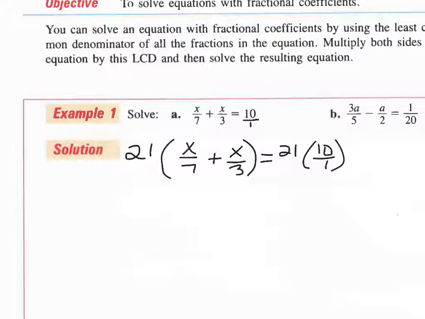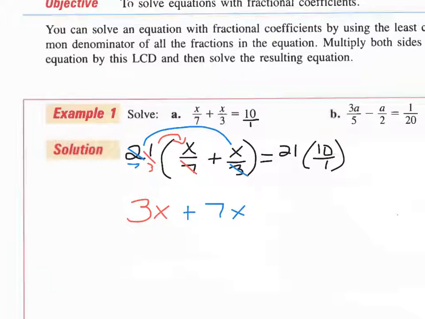So what we can do here is think like you're distributing the 21 to each one. For example, I'm going to multiply it over to here. Notice when I do it, the 7 and the 21 will simplify, and that becomes a 3. So 3 times x, and that's what remains. Then when I distribute the 21 to this one, I can simplify, and the 21 now becomes a 7.